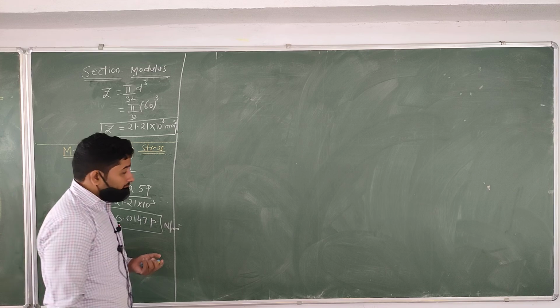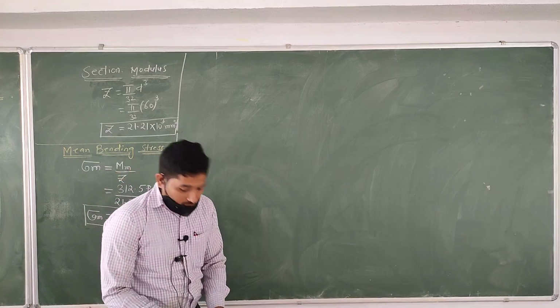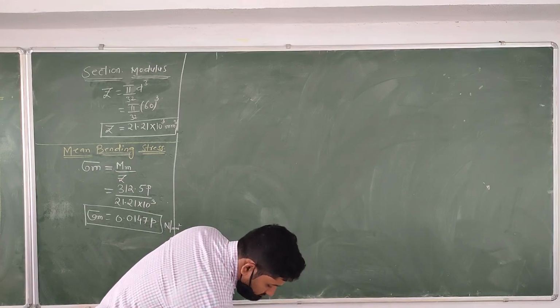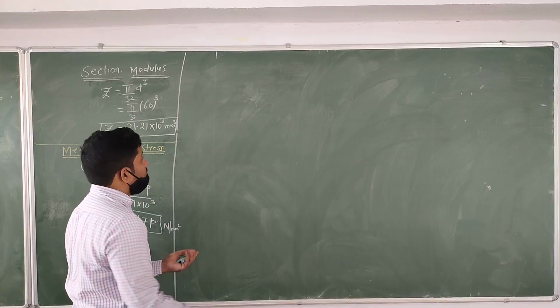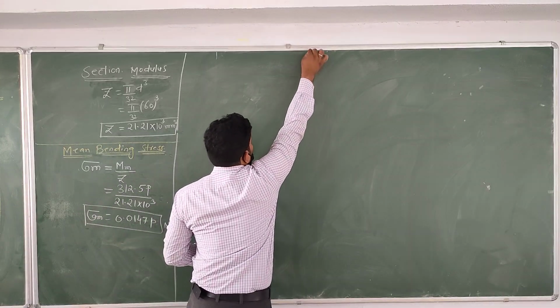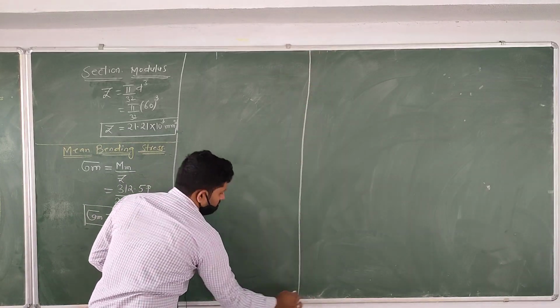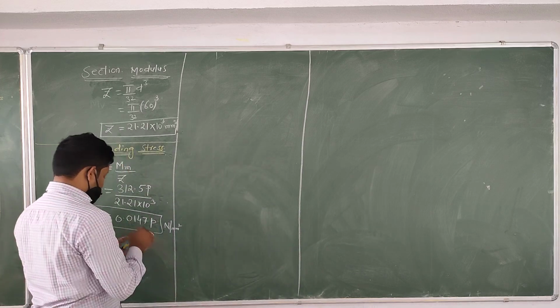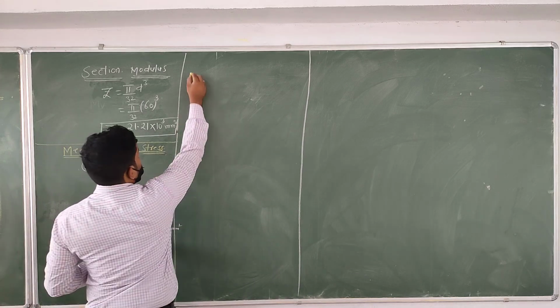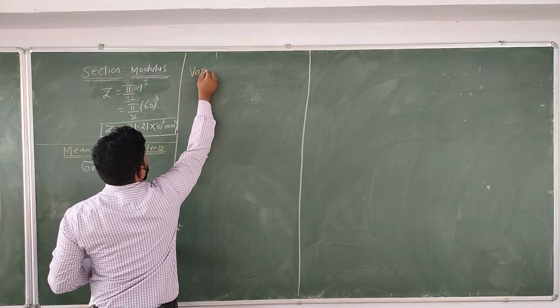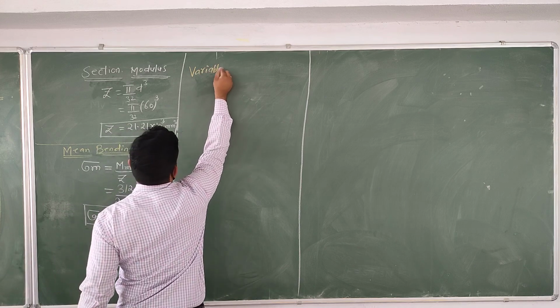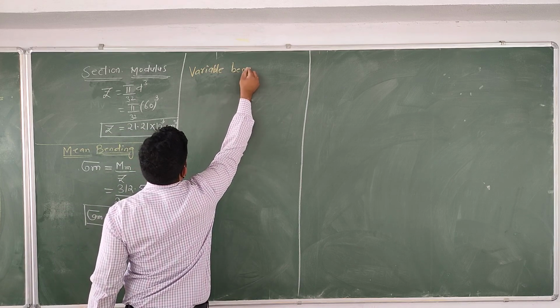Is it right? Again, what do we need to find out? We need to find out the variable bending stress. Is it right? Variable bending stress, we need to find out.